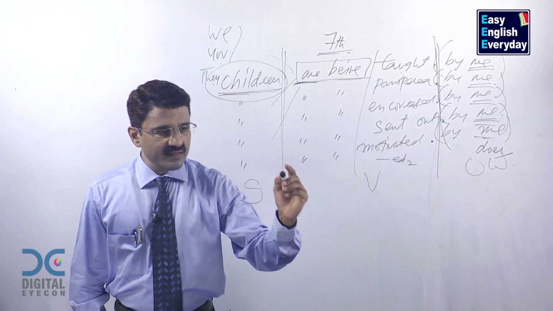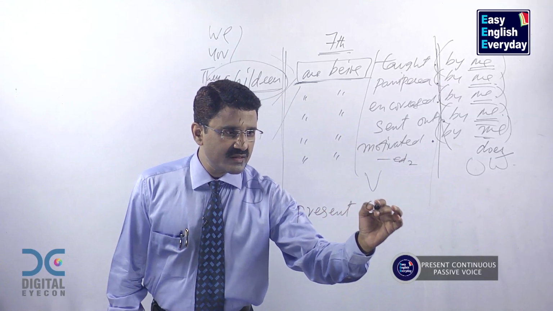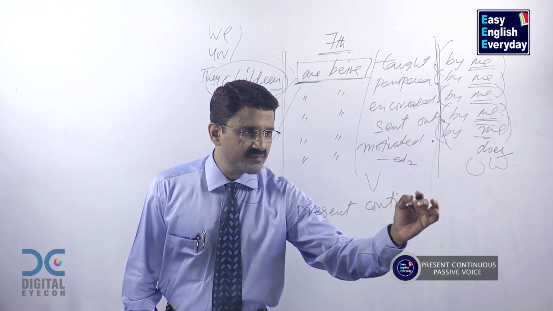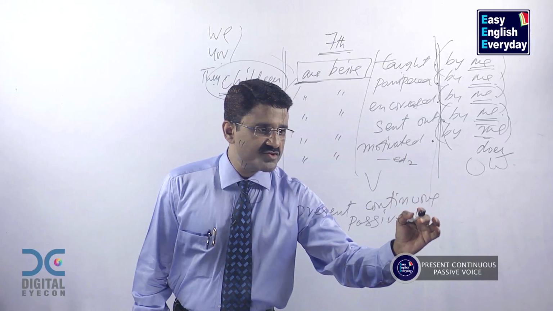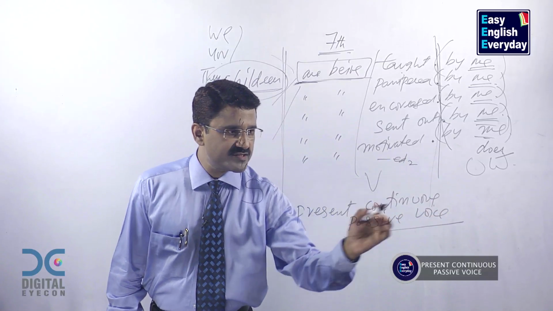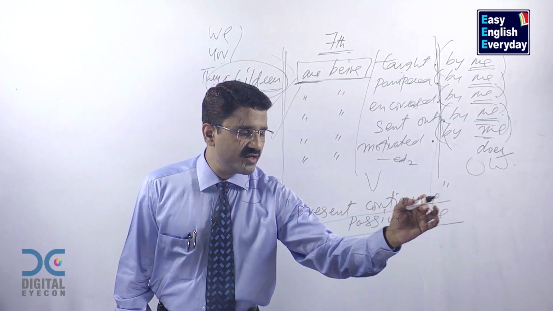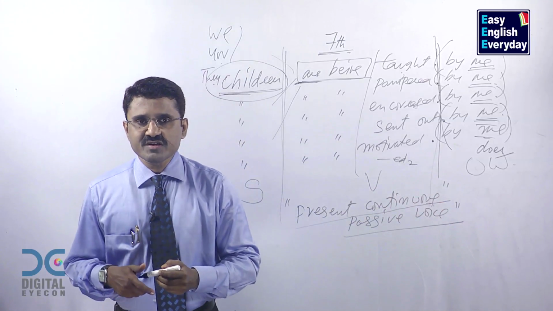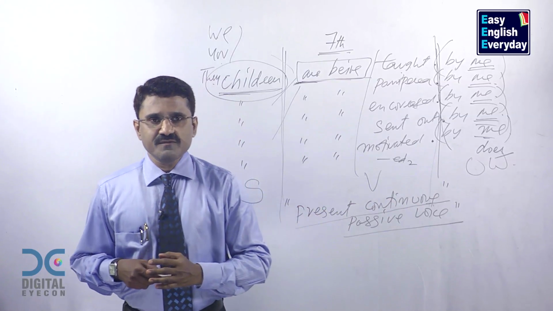And by the way, grammar calls it present continuous passive voice. The traditional, the conservative teachers who love using terminology and confusing the students more and more, they call it present continuous passive voice.